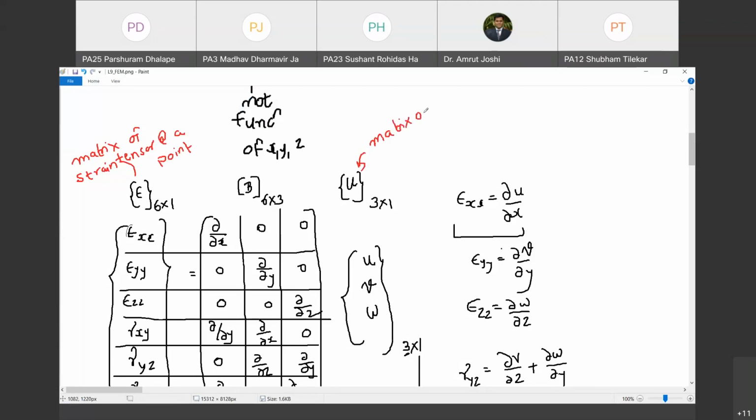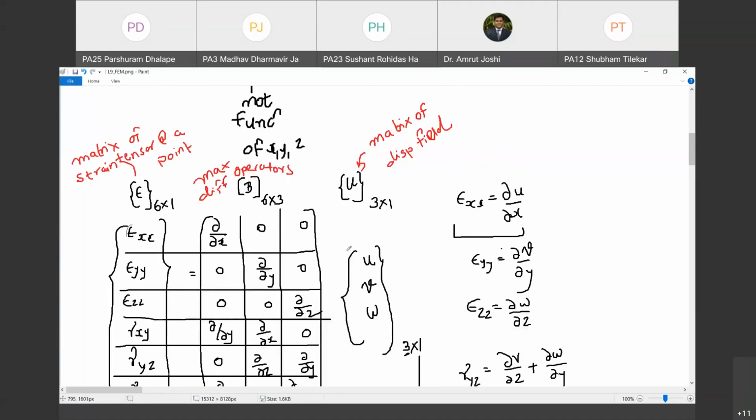Matrix of displacement field. And this B matrix is a matrix of linear differential operators. Matrix of differential operators. Are you with me? Please type your response in chat box.